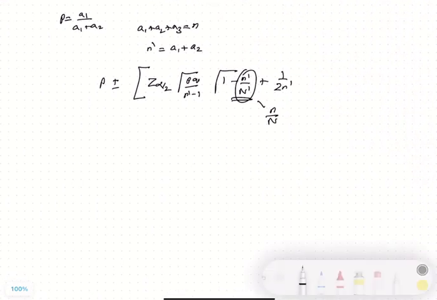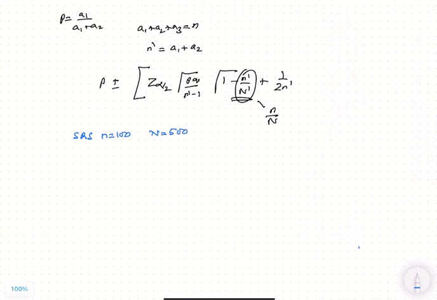So one question we're going to do is, we have a simple random sample of n equal to 100. We obtain it from N equal to 500, and the proportion of people who answered yes and fall in category A is 37. So no is going to be the complement of this, which is 63.